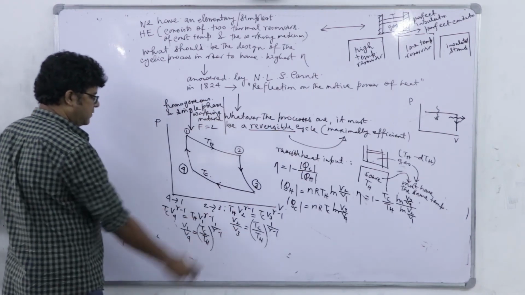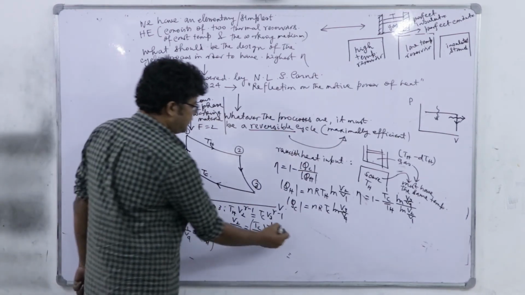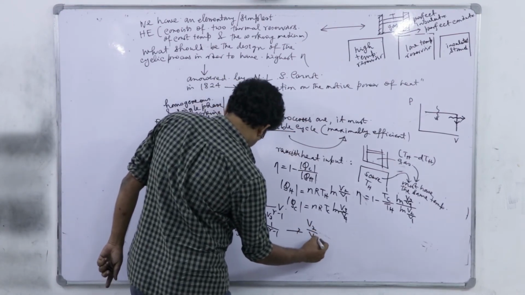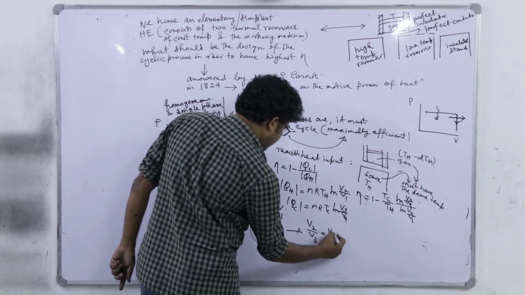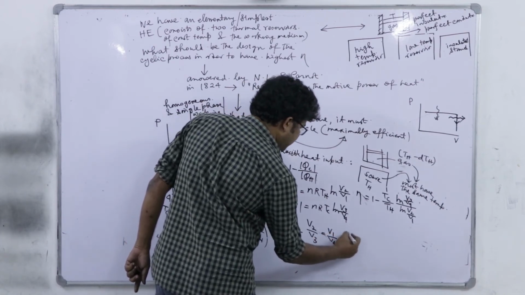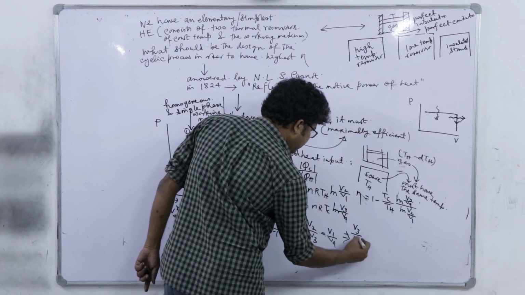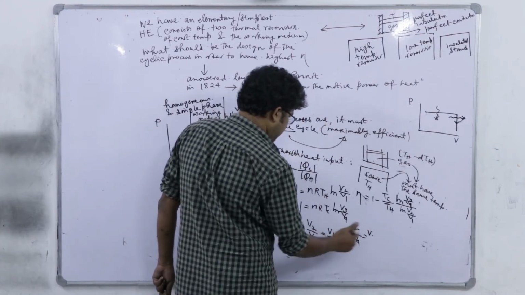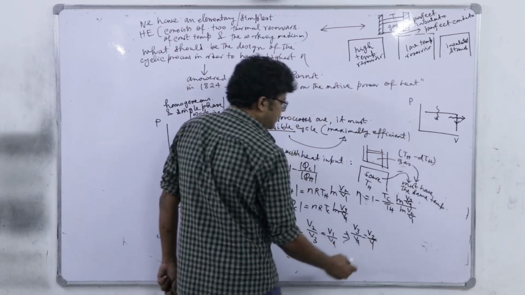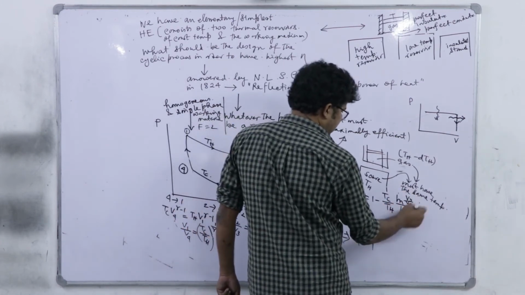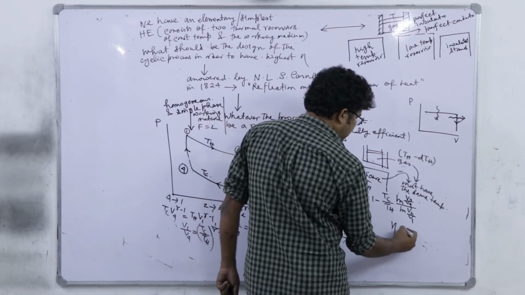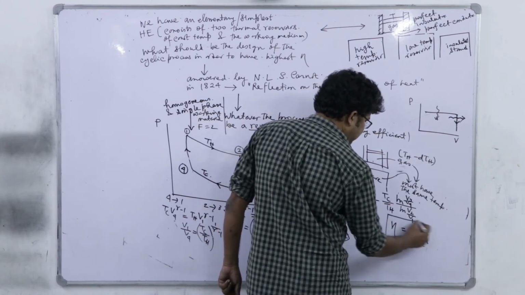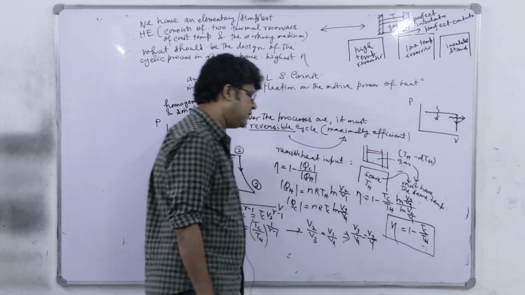So essentially V2 by V3 equals V1 by V4. From there we can establish that V3 by V4 is equal to V2 by V1. So these two logarithmic terms cancel out, and we can establish that 1 minus Tc by Th is the final expression of Carnot cycle efficiency, right.